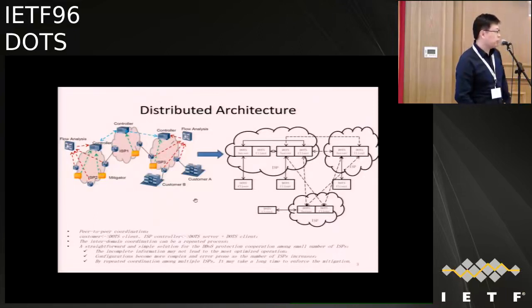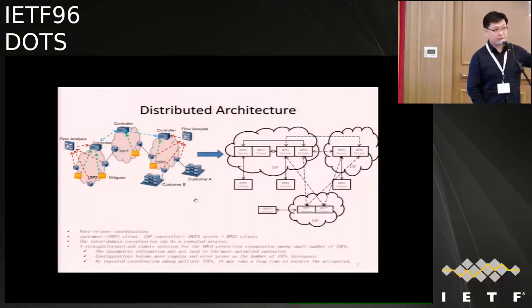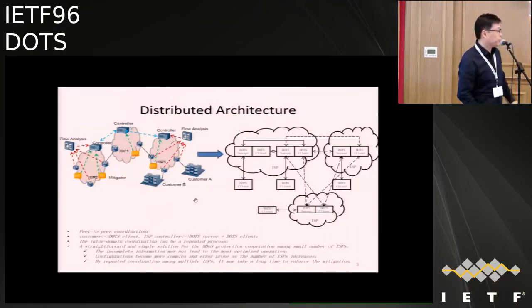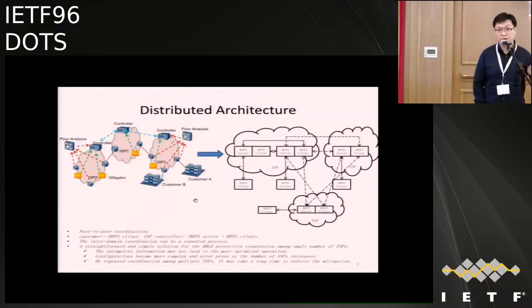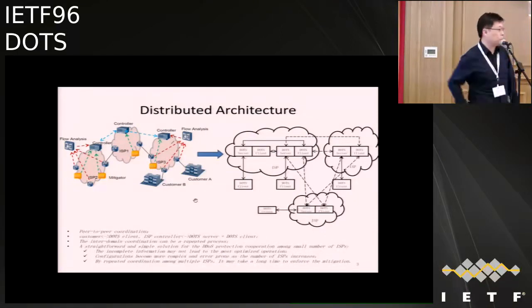So maybe this mitigation service is not optimized, and it is possible to repeat several times to get the last mitigation service. So it costs time, and the configuration is complex because we need to configure each peer relation. So that's our understanding for this use case, and this architecture.